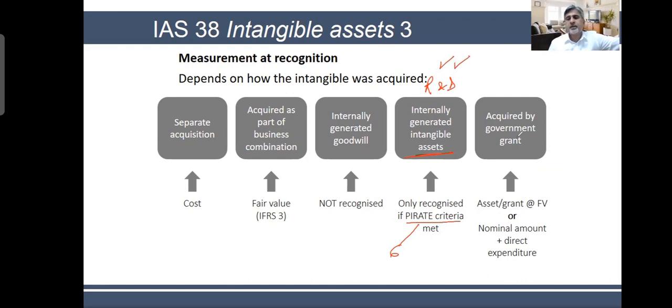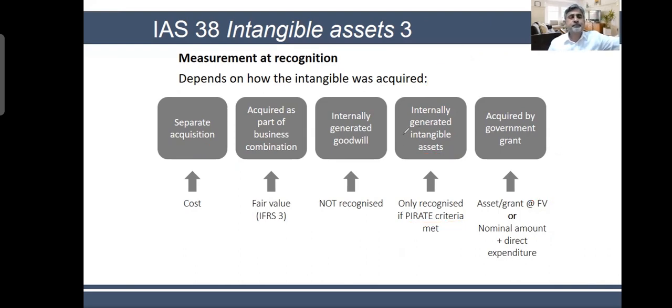It is also possible that you acquire an intangible asset through a government grant. If you receive the grant in cash and then you purchase an asset, then it is a separate acquisition. But if you don't receive money in the grant, in fact you receive an asset itself in the grant, then you measure it at fair value or nominal amount plus direct expenditure. We will discuss this in more detail when we do the government grant standard separately.